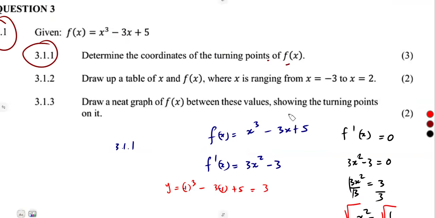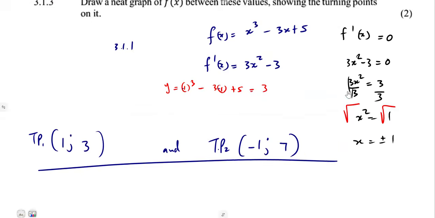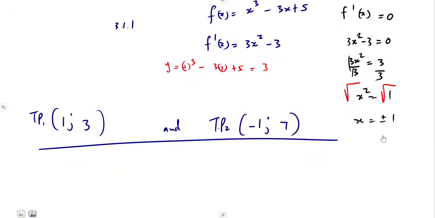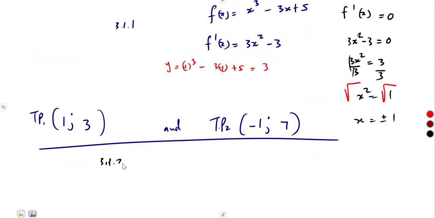All right, then after that, draw up a table. Our table ranges from minus 3 to positive 2. So minus 3 to positive 2, we just substitute into that original equation that we're given. That's 3.1.2.